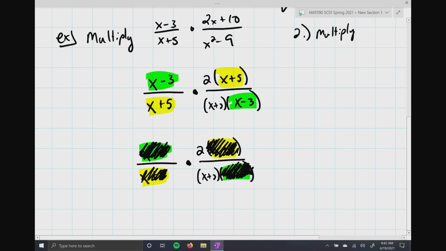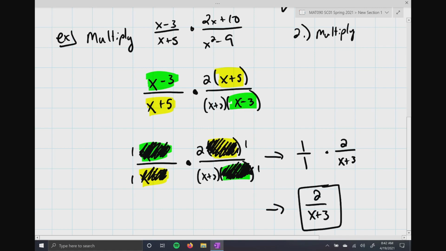x minus 3 over x minus 3 is a 1. And then x plus 5 divided by x plus 5 is still 1. So if I clean this up, the first fraction turns out to be 1 over 1 times 2 over x plus 3. And last time I checked, 1 times anything is just itself.